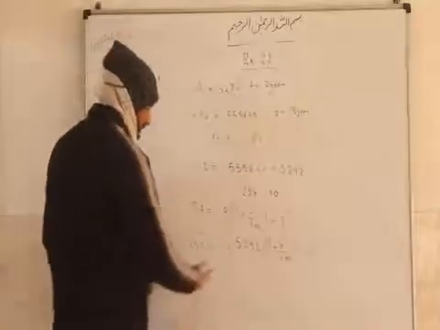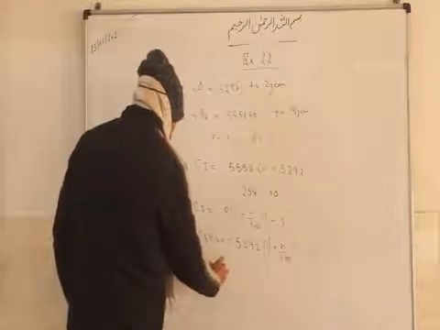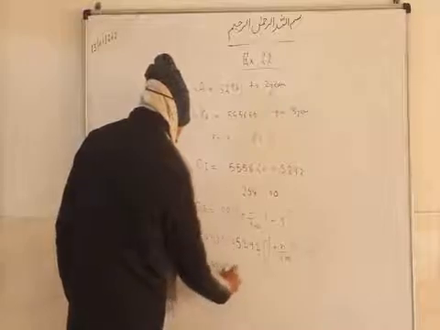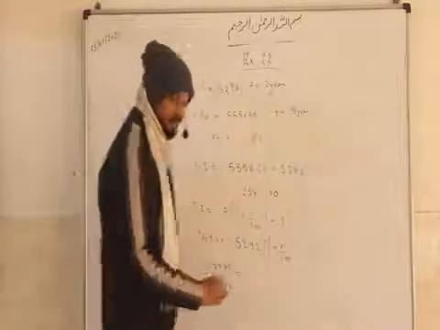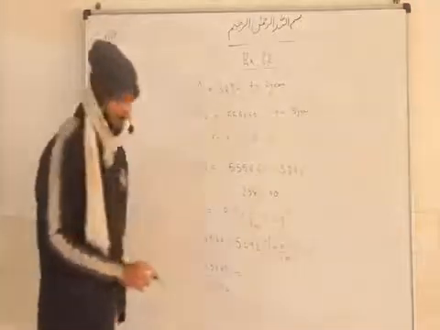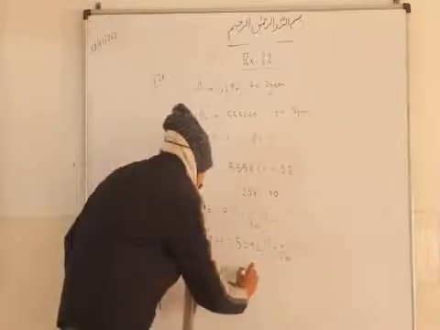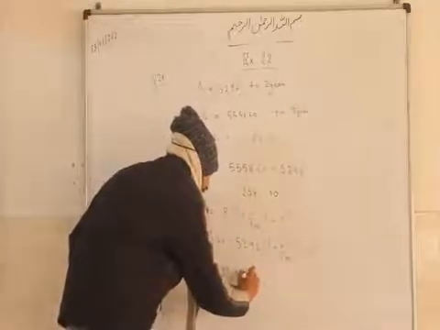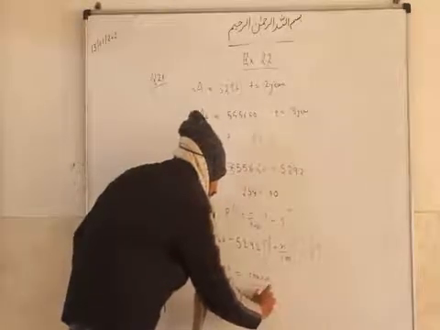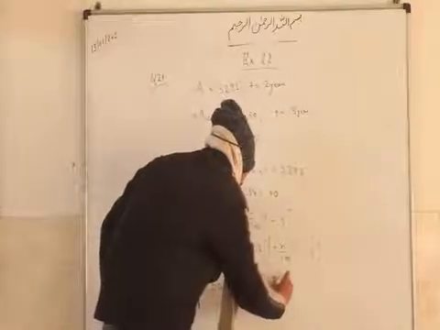So what we can do, from here, 264.60 divided by 5292, and t will be 2. Sorry, t will be 2.